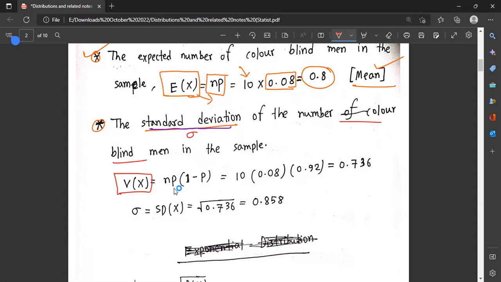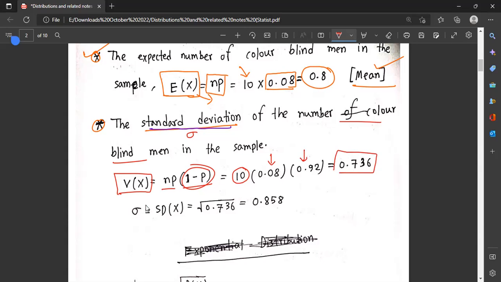And the formula is np times (1 minus p). Here n is 10 because we have 10 people, and the probability of being colorblind is 0.08, and 1 minus p is the probability of not being colorblind, so 0.92. The answer will be 0.736.